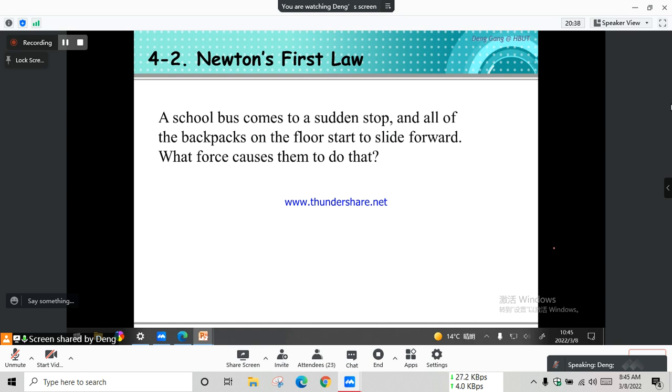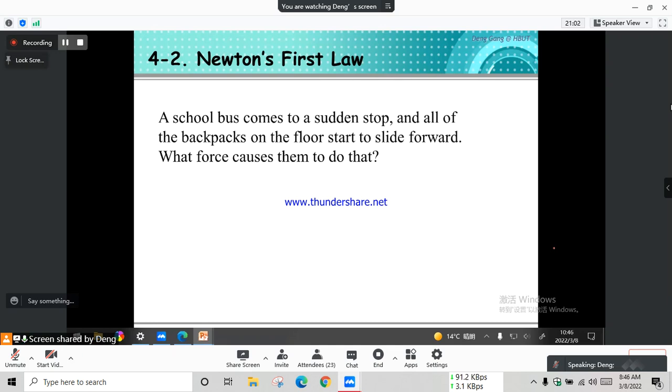And also maybe when you are on the bus, if there's a sudden stop, you tend to go forward, right? And you need to grab something so that you will not fall to the ground. So what force causes them to do that?